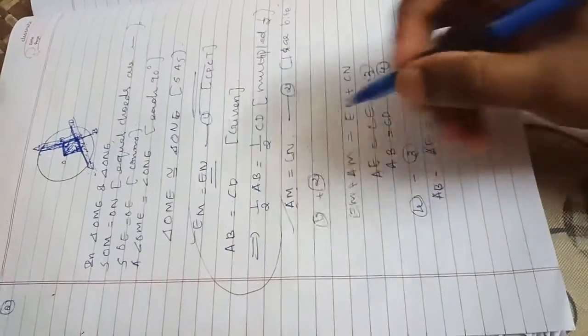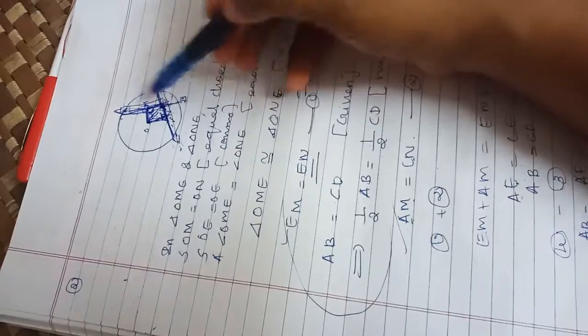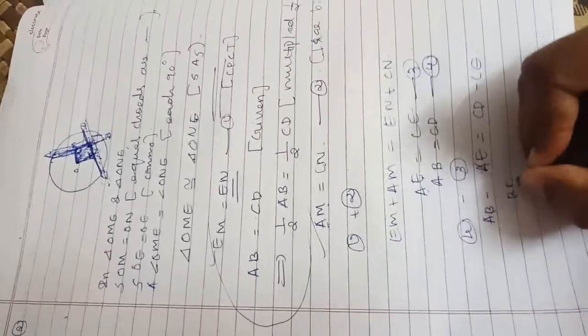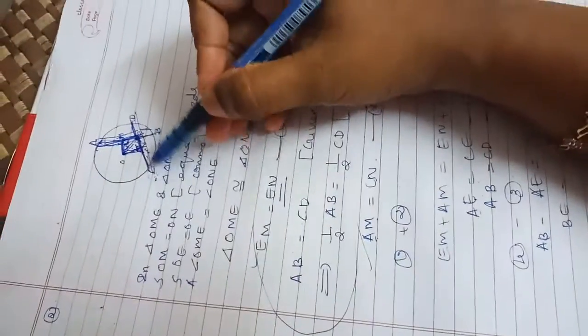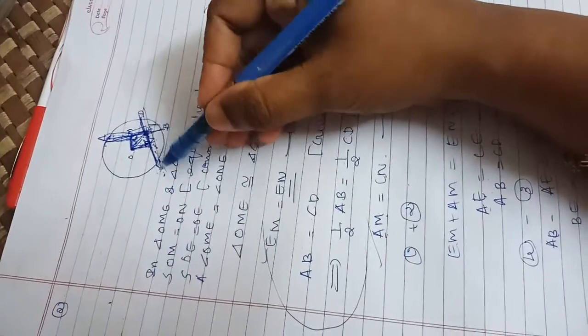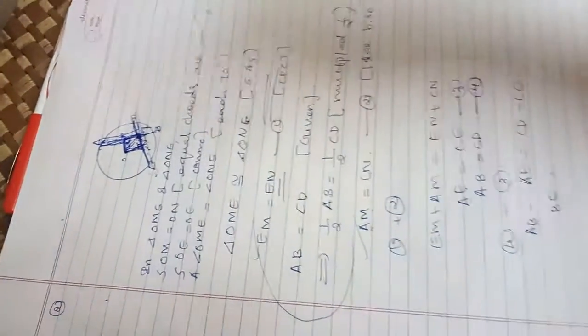AB minus AE, we will get BE, correct? So we can write BE is equal to CD, the total, minus CE, which leaves the remaining part ED.